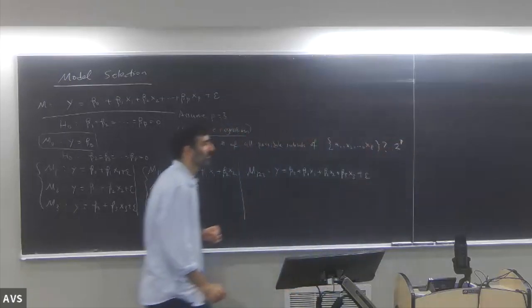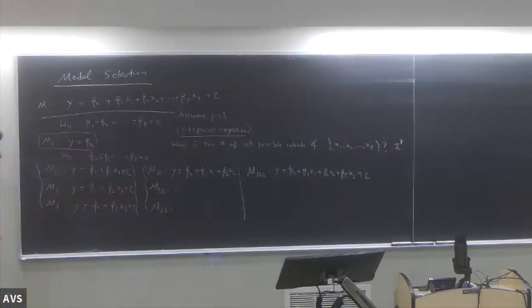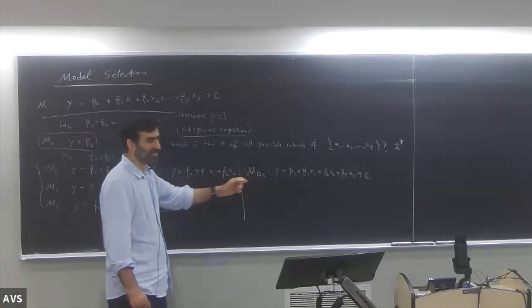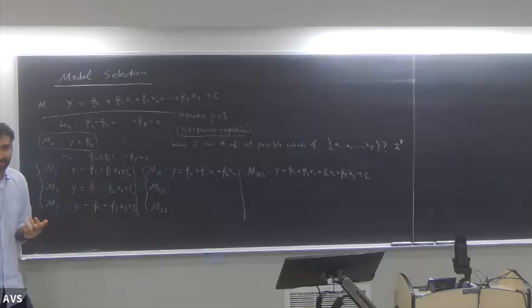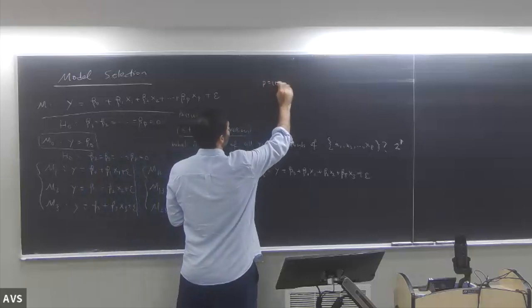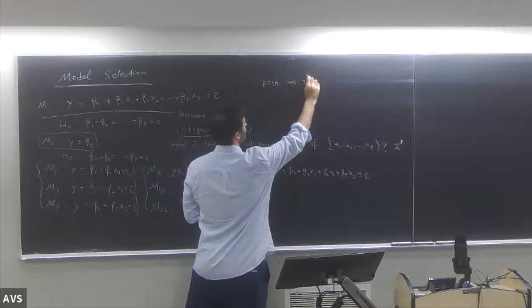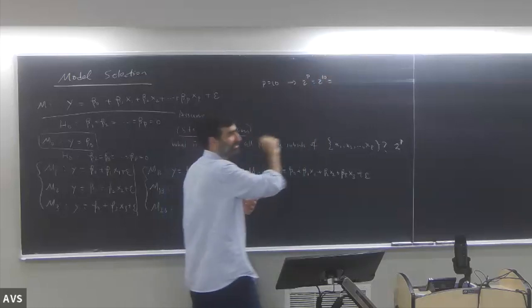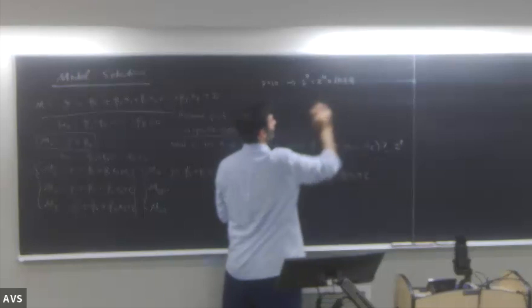It's exponential in p. In this case, p is 3, so it would be 8: 1, 2, 3, 4, 5, 6, 7, 8. Okay, and then if you have 4, you'd have 2 to the 4, which is 16. If you have 10, 2 to the 10 would be 1024.